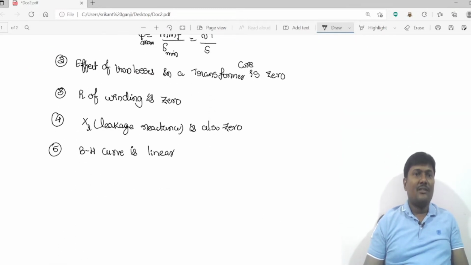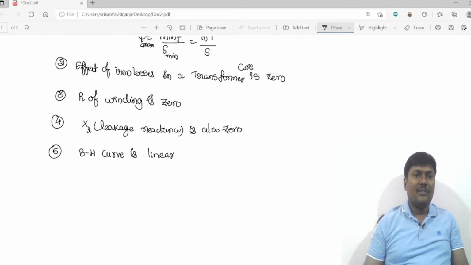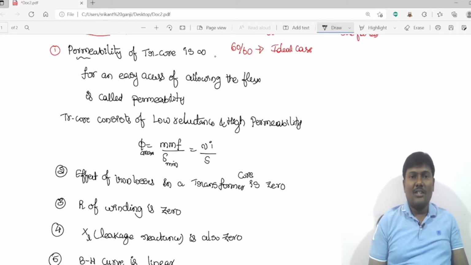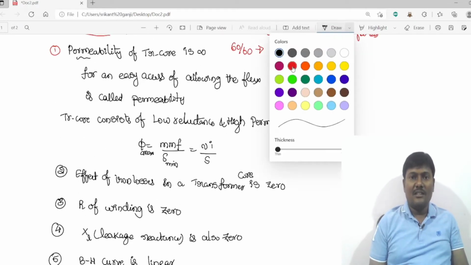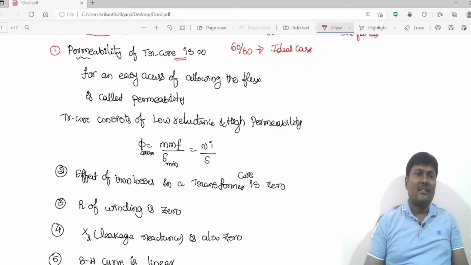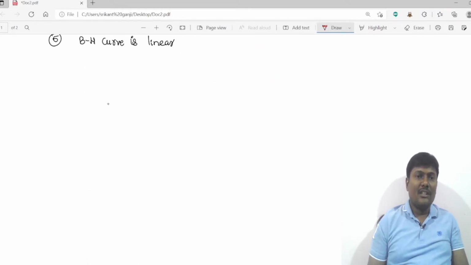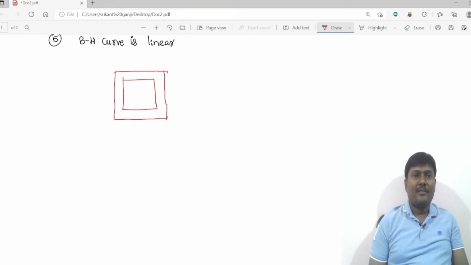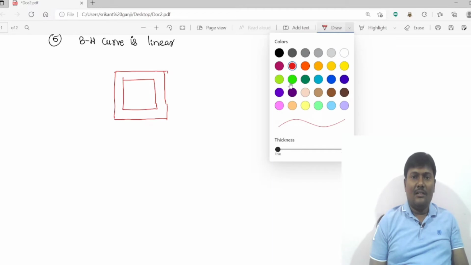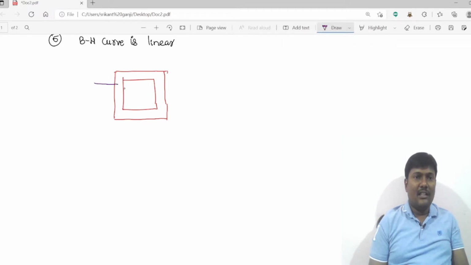The first one is that the permeability of the transformer core is infinity. This means there is no excitation current, and it will produce infinite flux. So this is the transformer core. I am taking a core type of transformer. It has 2 limbs, and the windings are wound on the limbs.